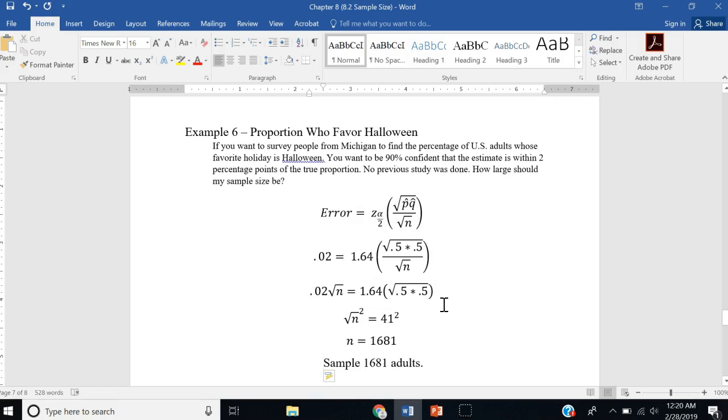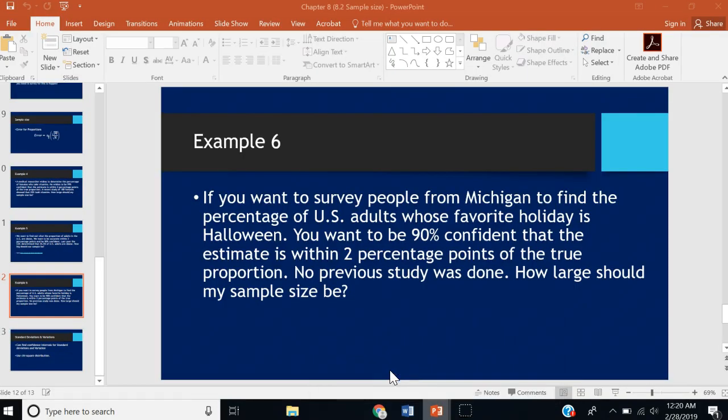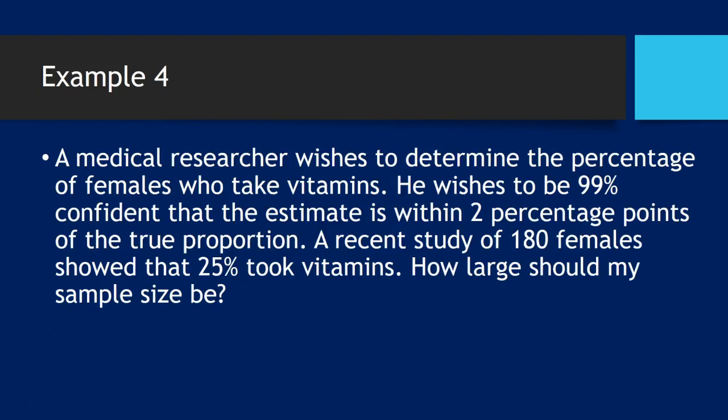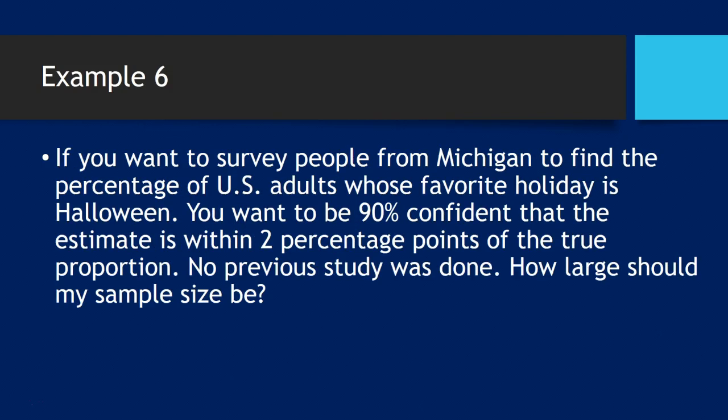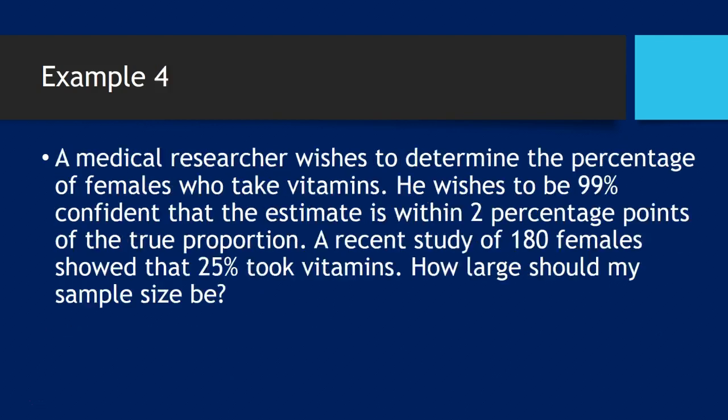Now we hope that we have a previous study to deal with, like example 4 and example 5, because if I have a previous study, I'm going to be able to sample a little bit fewer people. But it is doable without a previous study. We just, again, assume the worst case scenario of 50-50.